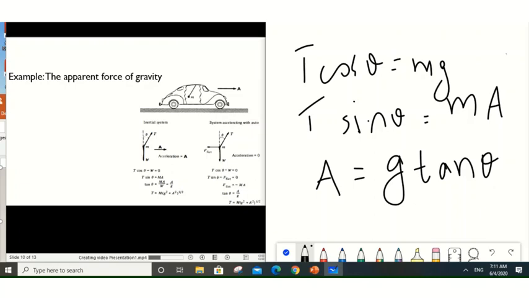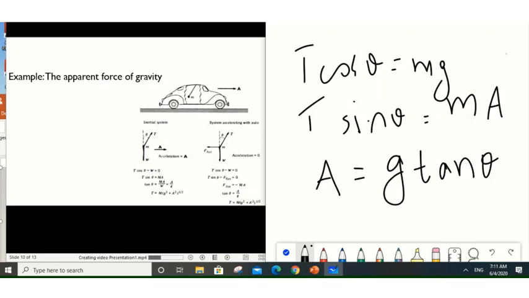And finally, if we square and add these two equations, we will get the same equation for tension, T is equal to m into g square plus a square all raised to 1 by 2. So if we know a by measuring theta, we can easily find out the tension on the string.